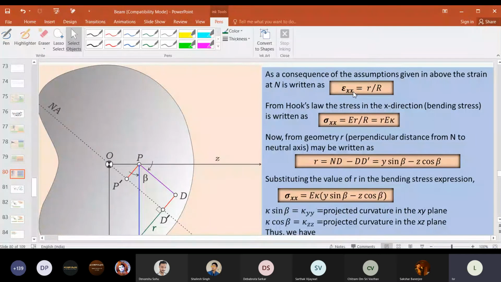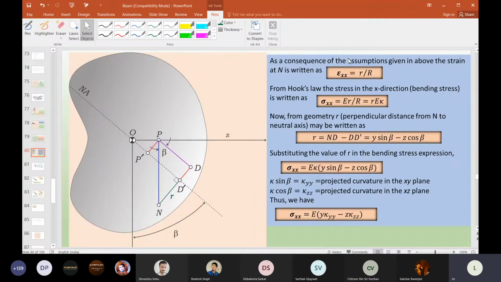As a consequence of the assumptions we have made, the top fibers get compressed and the bottom fibers get stretched, and there is a fiber in between the top and the bottom fibers which is neither stretched nor compressed.